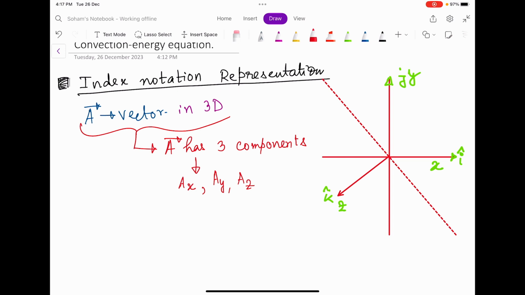And I can write these things in another format. If I write the x-axis as x1, the y-axis as x2 and the z-axis as x3, then the same components I can write as a1, a2 and a3.